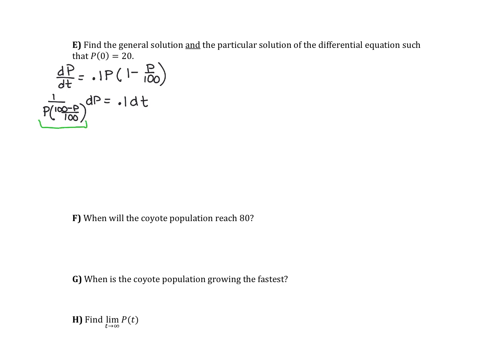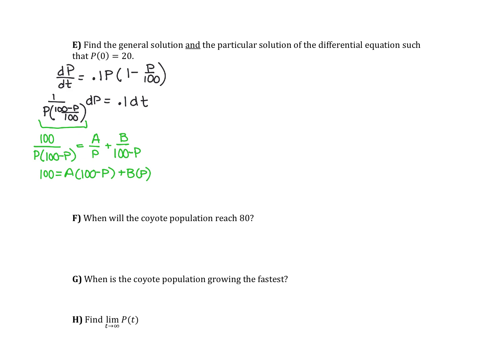I'm going to rewrite this side as 100 over p times 100 minus p, which then will be a over p plus b over 100 minus p. So we get 100 equals a times 100 minus p plus b times p.